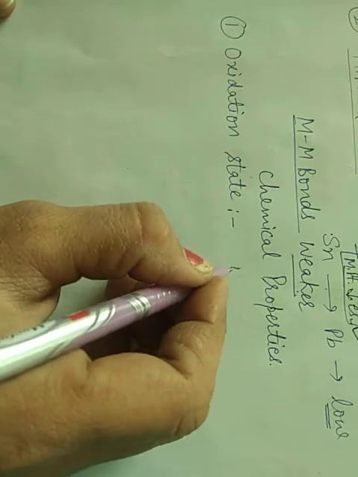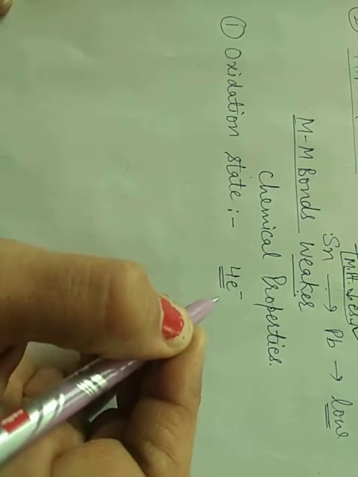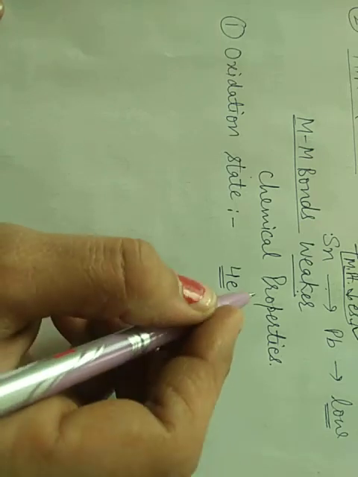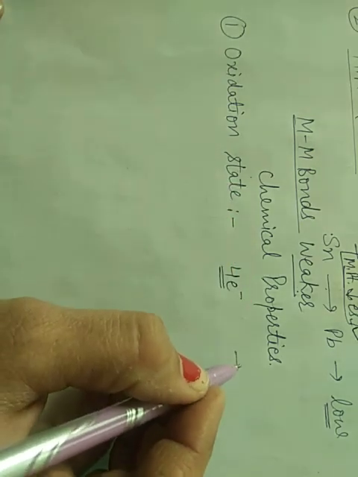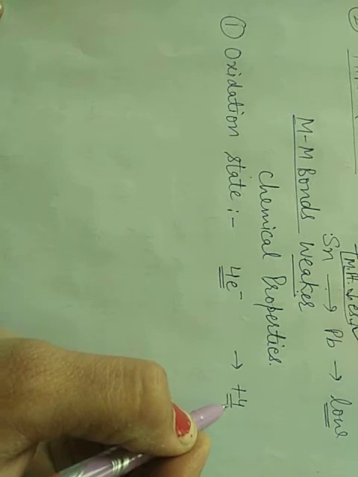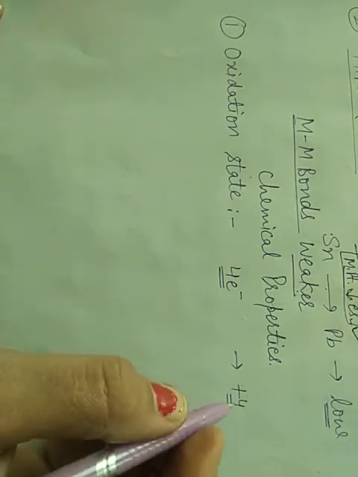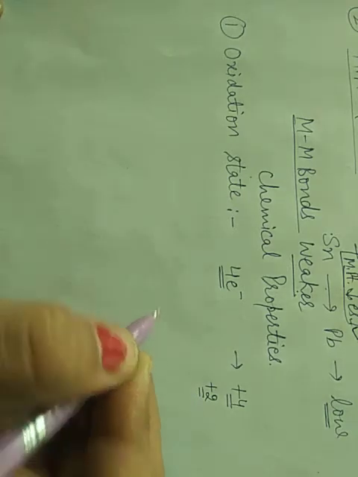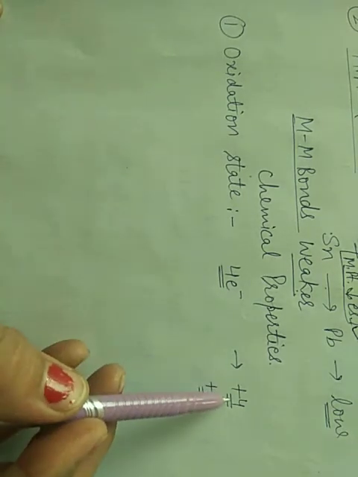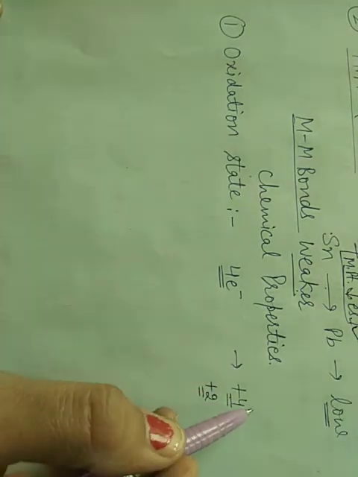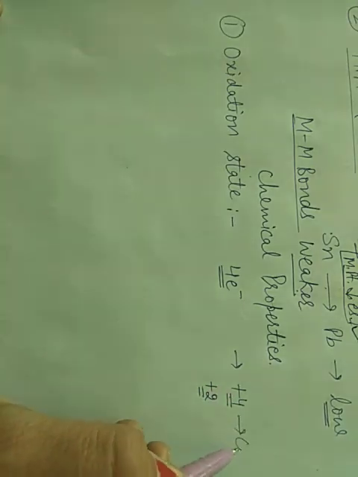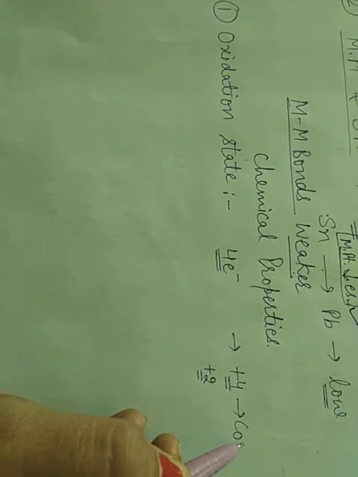Because of the presence of 4 valence electrons, the maximum valency या maximum oxidation state of these elements is +4. But these elements also show +2 oxidation state. Okay. The compounds of these elements which show the +4 oxidation state are covalent compounds.